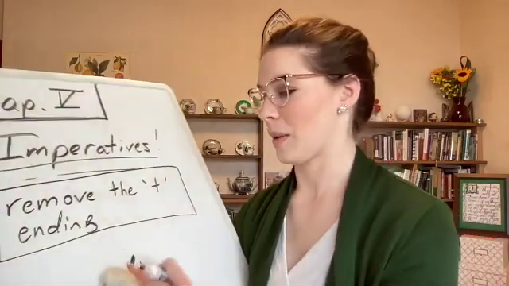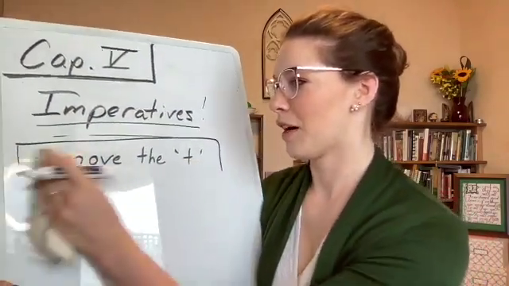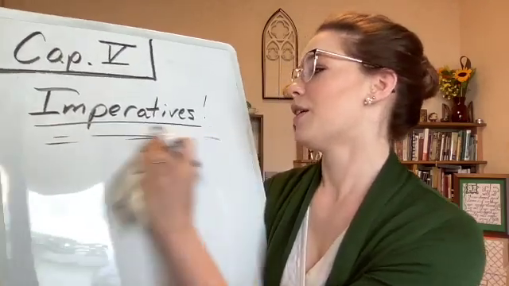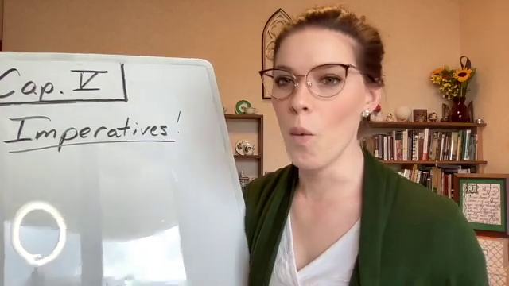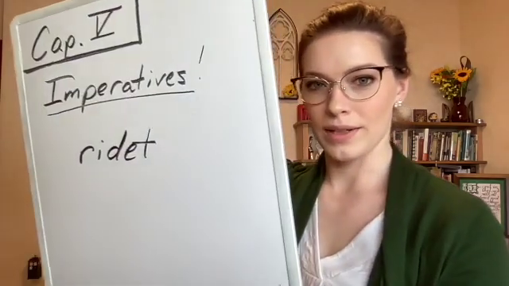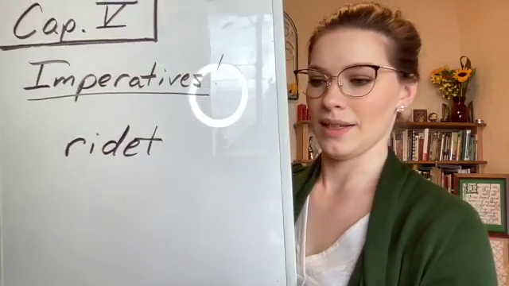All right, let's try another one. And this time, I'm going to remove our cheat sheet off of here. Oh, no. No, Mrs. Straka, no. But the cheat sheet is gone. Okay, I want the imperative form of ridet. This is he laughs.